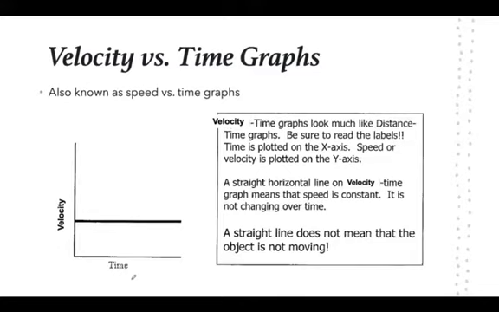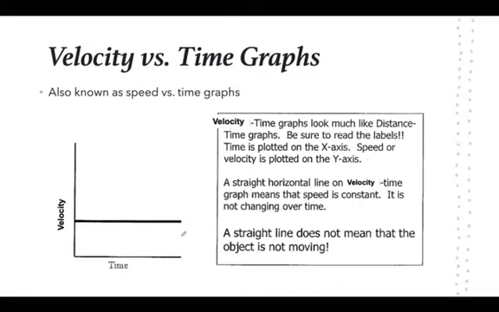And if we have a straight line on a velocity versus time graph, it means that the velocity does not change. The velocity of this object is constant. It does not mean that the object is not moving. In fact, this object is moving at constant velocity.